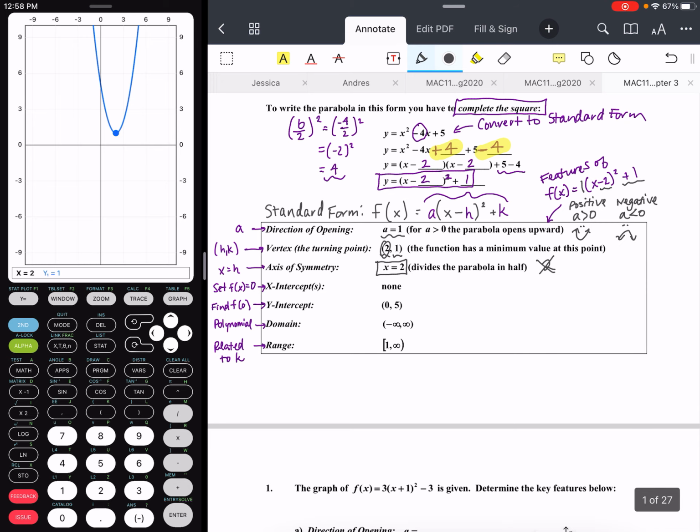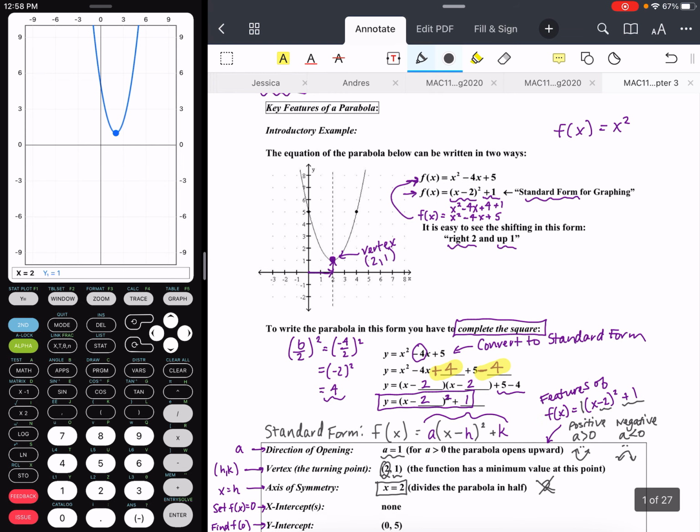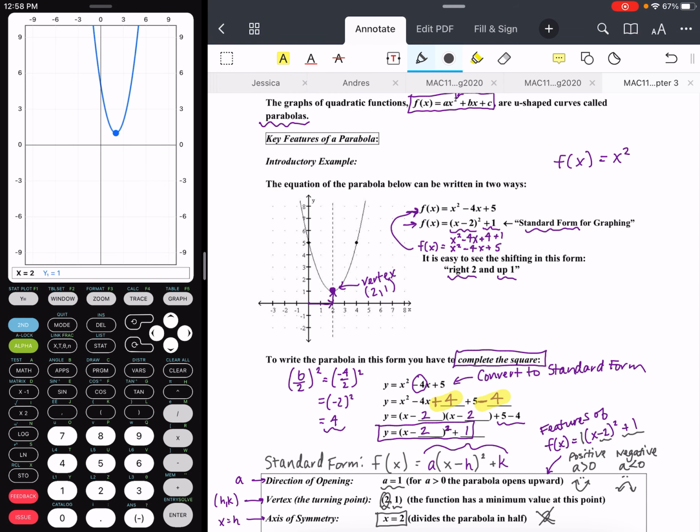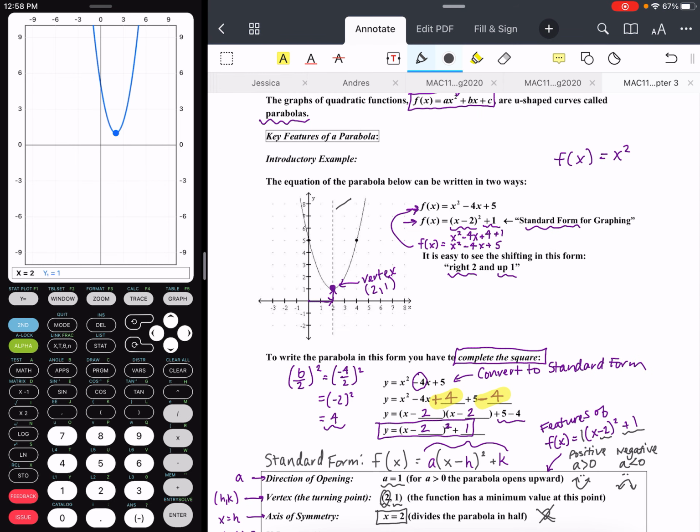So when we say an axis of symmetry, that's represented, and we can see it here, it's represented by a dashed vertical line. So here on the graph, this is our axis of symmetry. And in this case, the equation for the axis of symmetry is x equals 2. So whatever the x coordinate is in your vertex, x equals 2, that's your axis of symmetry.